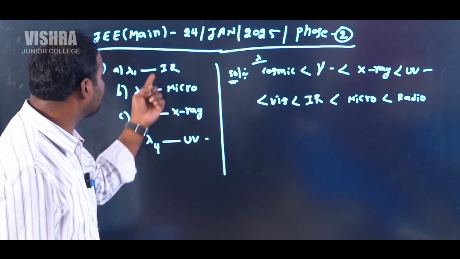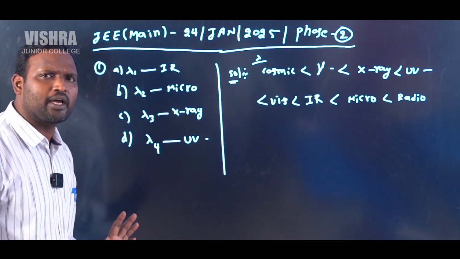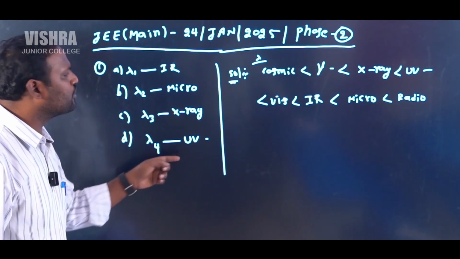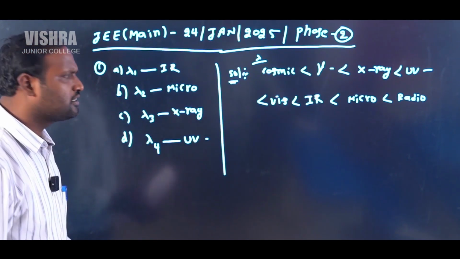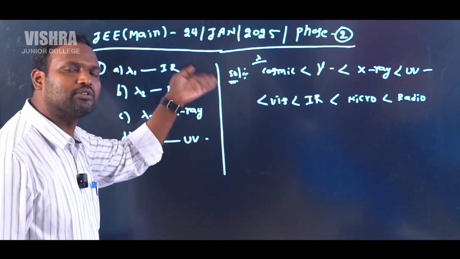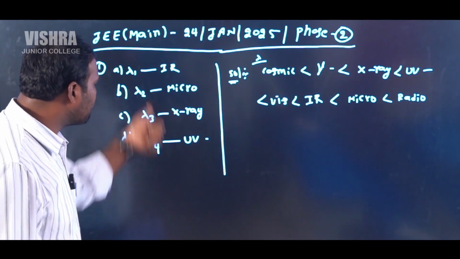So in this case, we are given 4 different electromagnetic radiations: IR, micro, X-ray, UV. So what is the correct order in this case? If you know this point, the order of wavelength of different types of electromagnetic radiations, then you can write the correct answer.